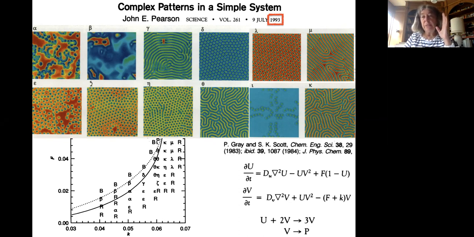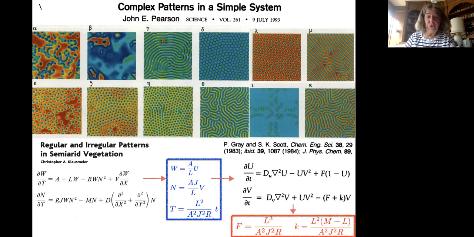So I bring this up because it's not surprising that Klausmeier could develop a model that has a lot of similarities to this one and produce patterns that look like what you see in nature. And so I don't think that's a great proof of concept, because we know how to develop these patterns. And in fact, if you go from Klausmeier's model, you can make a transformation to turn it, at least the kinetics part of it, into the Gray-Scott model.